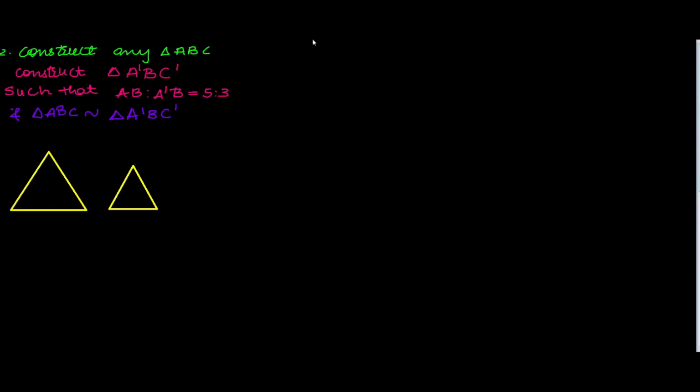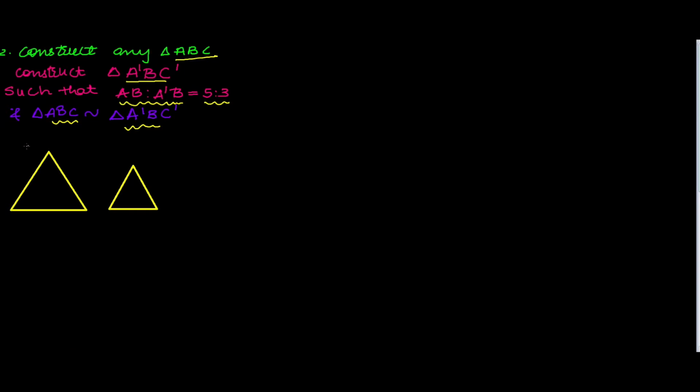Construct any triangle ABC and construct triangle A dash B C dash. Now over here you will come to know, with the help of this ratio, that AB is to A dash B is equal to 5 is to 3, and we are told that triangle ABC is similar to triangle A dash B C dash. Now what is this A dash B C dash?